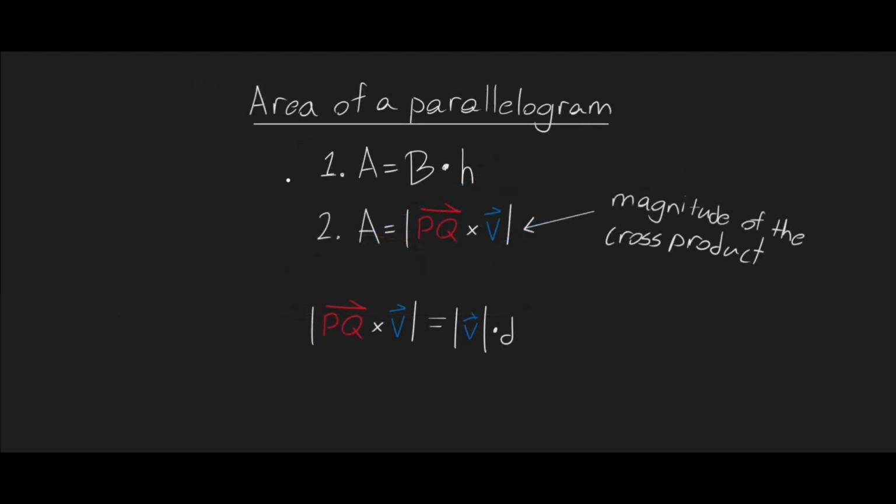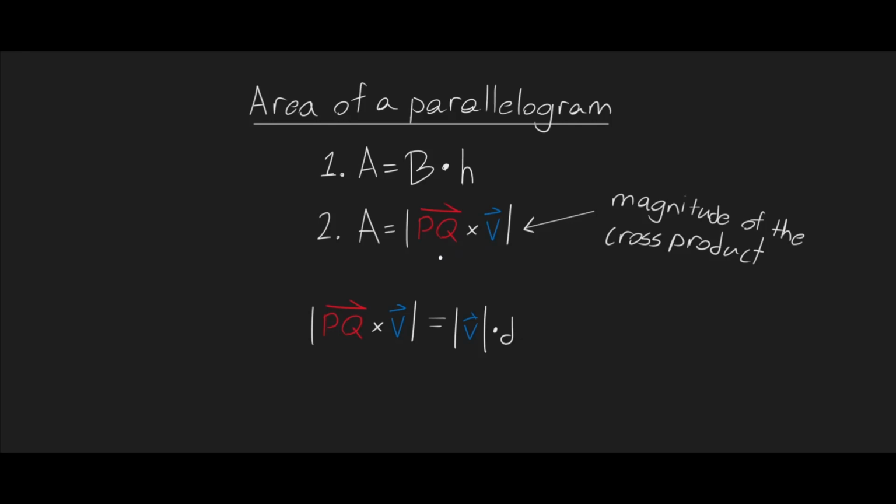Using those two vectors, we can find the area of the parallelogram in two different ways. The first way is just multiplying the base times the height, which is the standard equation for the area of the parallelogram. The second way is the magnitude of the cross product of these two vectors.